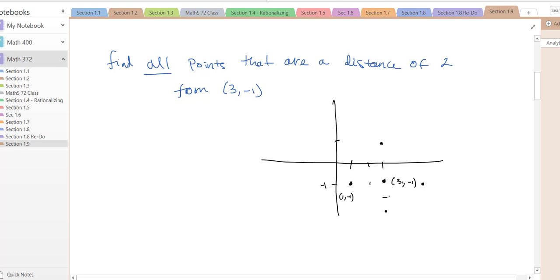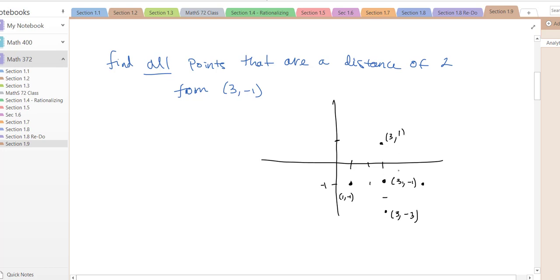To the left, this will be the point 1, negative 1. What will the bottom one be? If we were at negative 1 and we went down 2, the 3 stays the same, so it'll be negative 3. And here we stay at 3, the x value, but we went up 2. So from negative 1 up 2, it will be 0 and then 1.